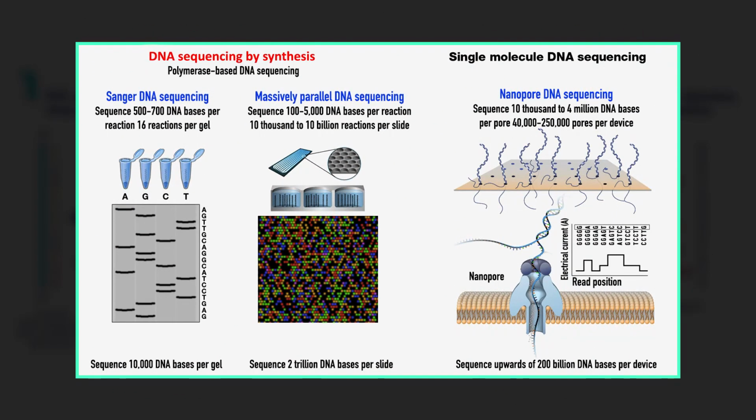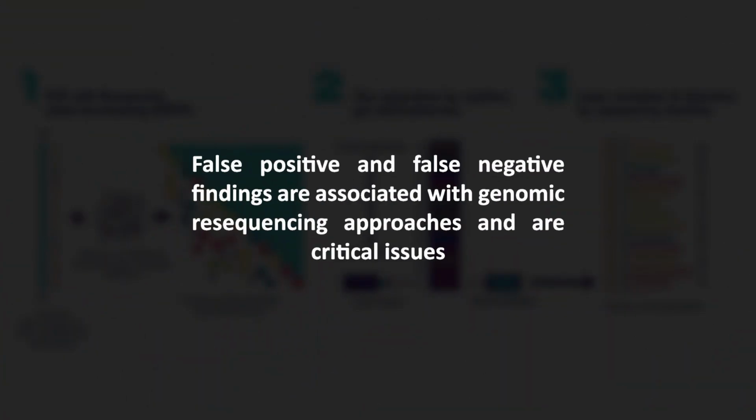Various sequencing technologies also have different error rates and generate various read lengths, which can pose challenges in comparing results from different sequencing platforms. False positive and false negative findings are associated with genomic resequencing approaches and are critical issues.